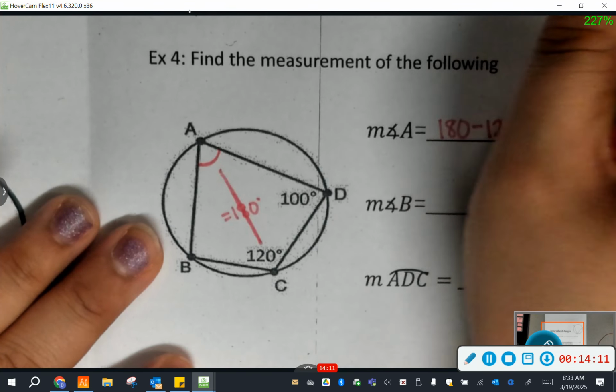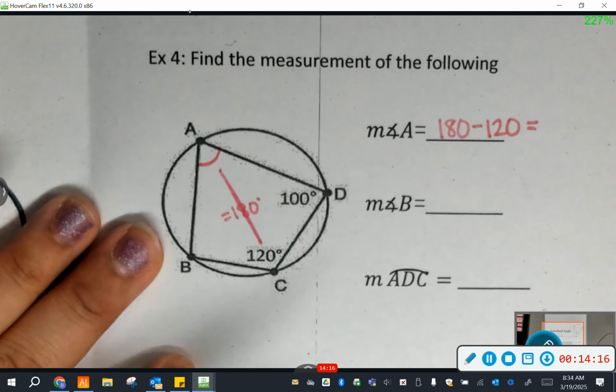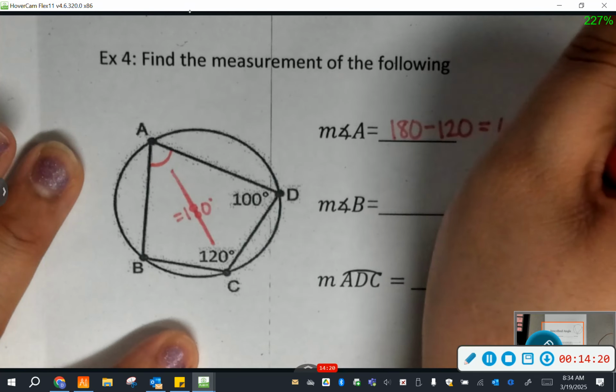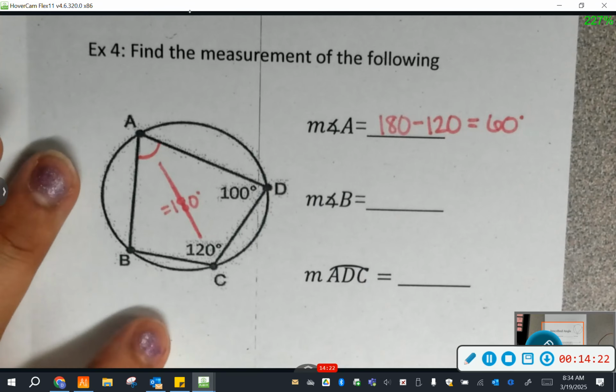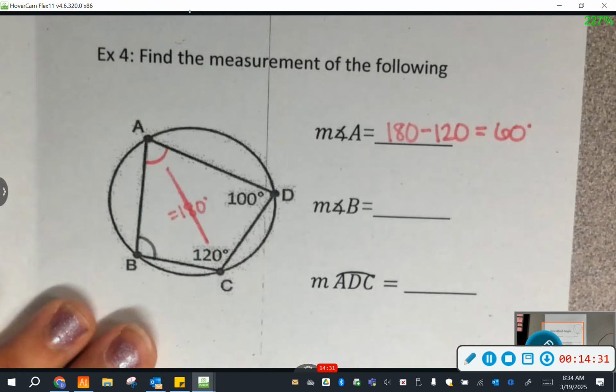You're only doing these two. So 180 minus 120 is 60 degrees is my answer. Does that make sense? What about B? How do I find B right here?